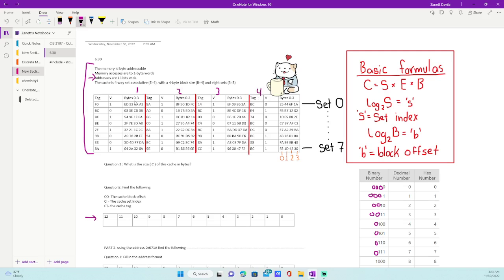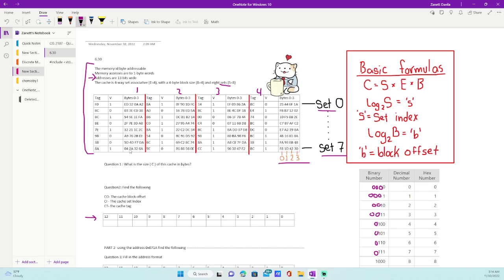This is what it means when it's 4-way set associative: 1, 2, 3, 4. And 8 sets? Well, right here we have set 0 all the way to set 7, which in reality is 8 sets. And 4-byte block size: 1, 2, 3, 4. That's what it means.